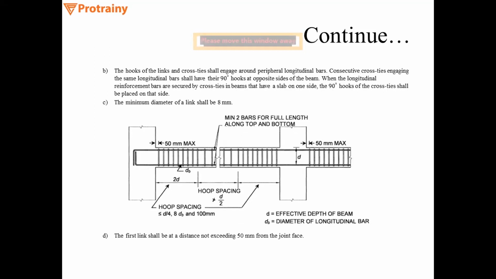Consecutive cross ties engaging the same longitudinal bar shall have their 90-degree hook at the opposite side of the beam. When the longitudinal reinforcement bars are secured by cross ties in a beam that has a slab on one side, the 90-degree hook of cross ties shall be placed at that side.